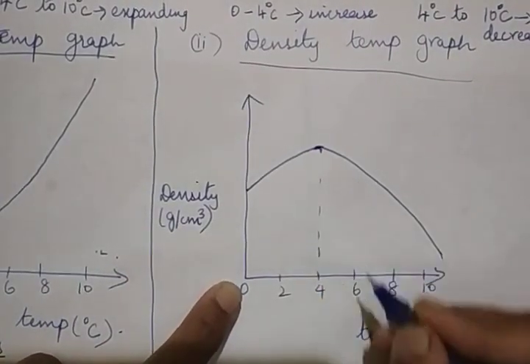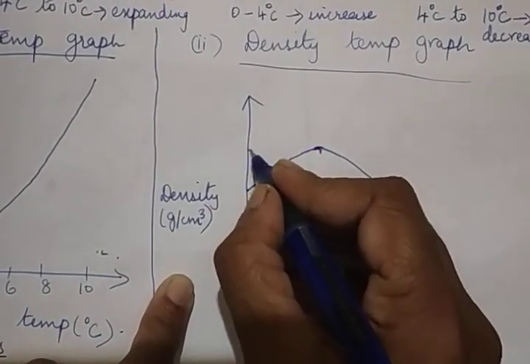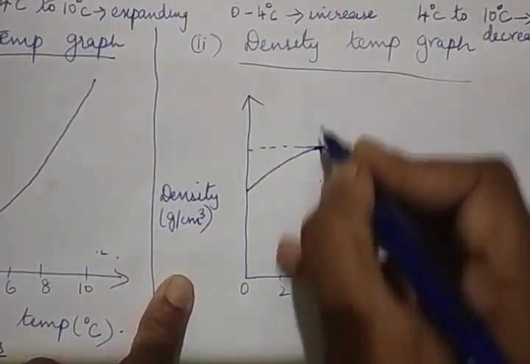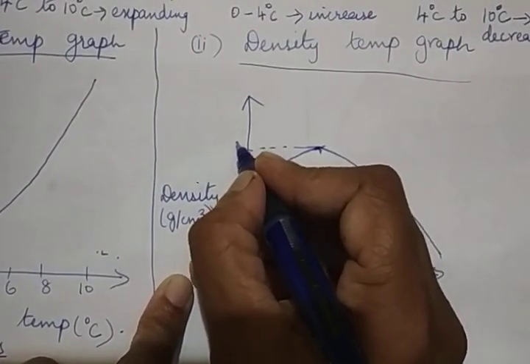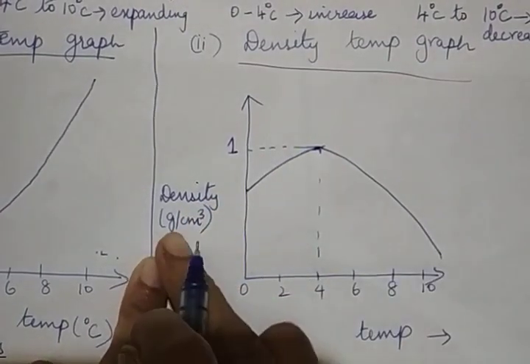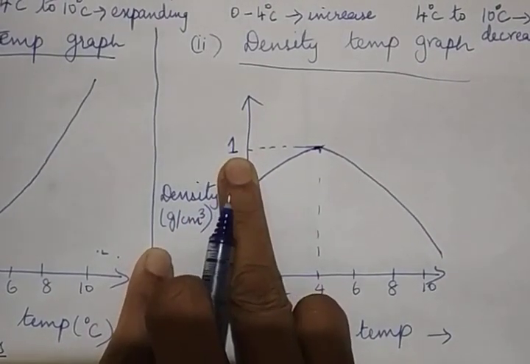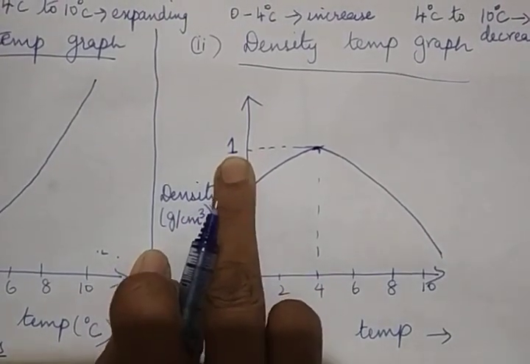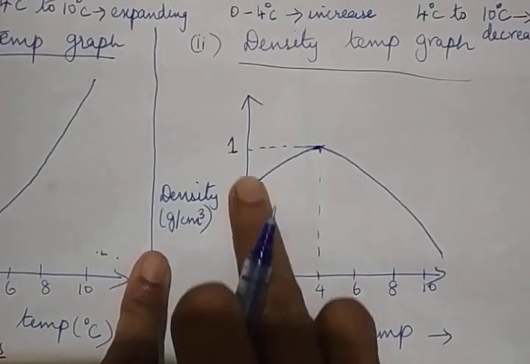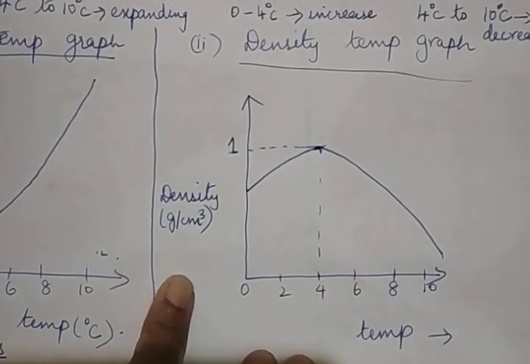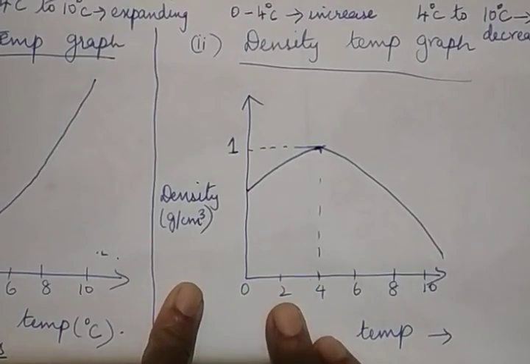So this is the density temperature graph, and here when it is 4 degrees Celsius, the density will be 1 gram per centimeter cubed. So I want you to mention 1 here. You need not write the other numbers. There are many numbers given. You need not mention them. I hope this is clear. Once again, I'll repeat.